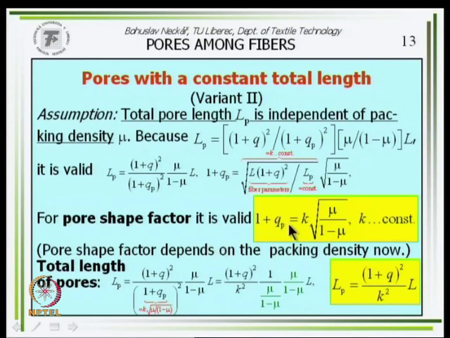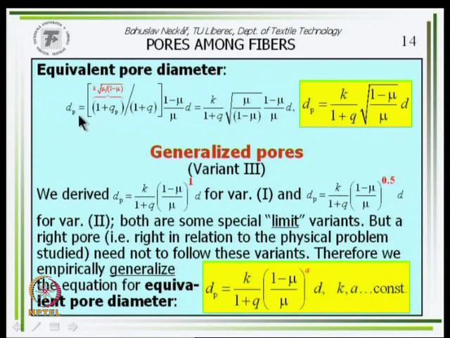Using 1 plus QP in this form in our equations, we obtain for LP this. It's only checking if our rearranging is right. Yes, it's right, because the right-hand side is constant. It was our assumption. And how is it for the diameter? For the diameter we had this general equation, but 1 plus QP is this here.